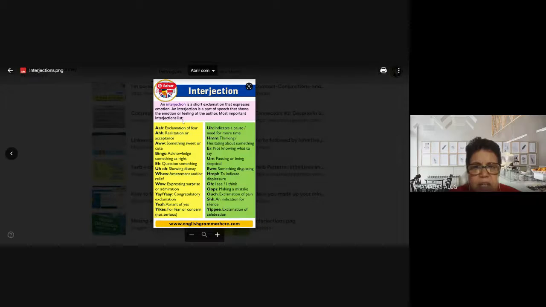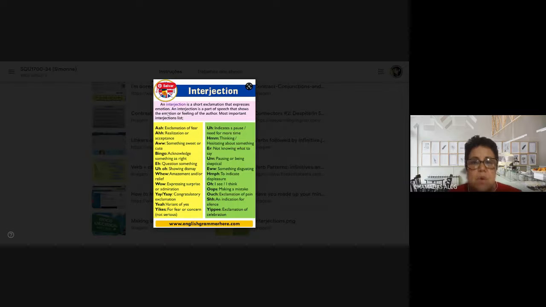Yes. So here you have: an interjection is a short exclamation that expresses emotion. An interjection is a part of speech that shows the emotion or feeling of the author. Most important interjections list. So here you have the interjection and the meaning, okay? We have all different kinds, okay, guys?